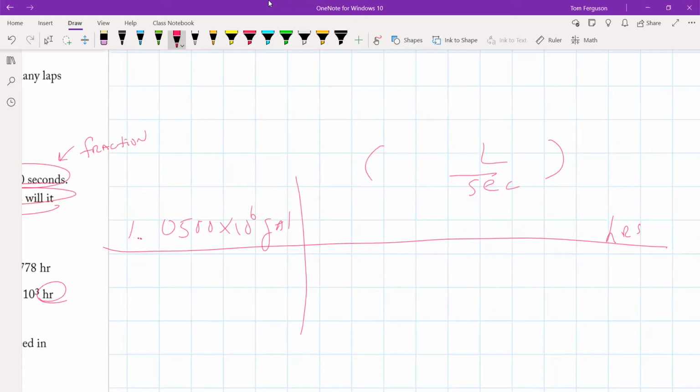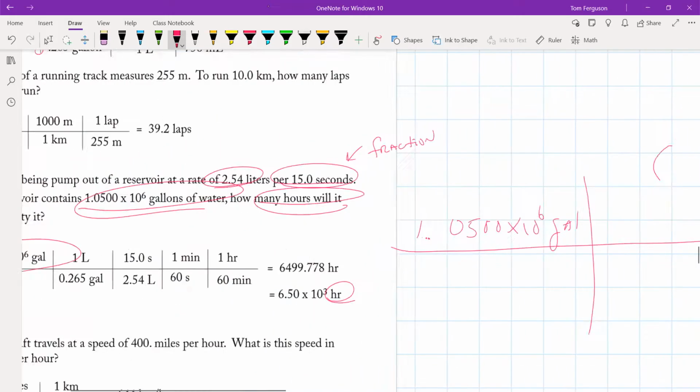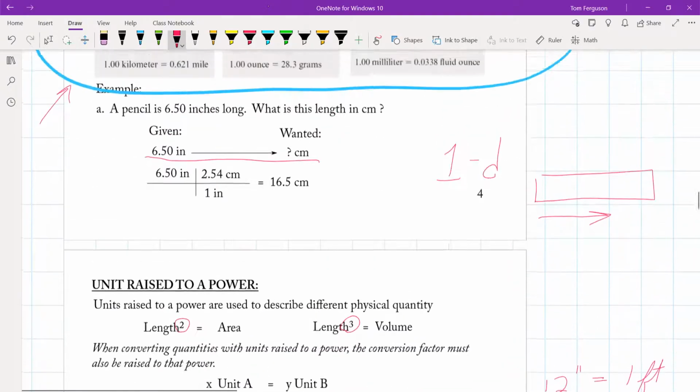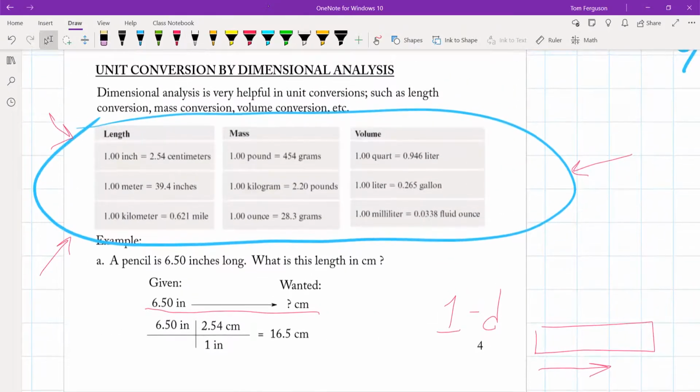Well, let's start with liters. Let's convert those gallons to liters. What's our conversion factor that we got here? We have liters and gallons, right here: 0.265 gallons and liters.